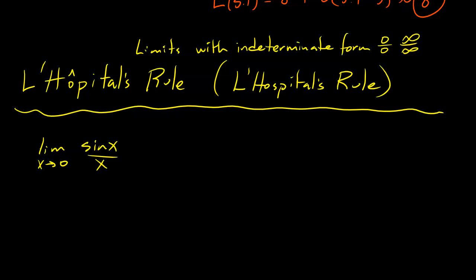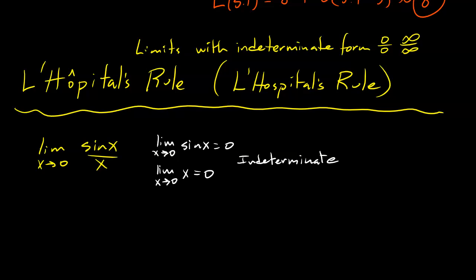What you have to write is that the limit of the numerator is 0, the limit of the denominator is 0, and that creates an indeterminate form. You're going to have one of these on the test, so that's why I'm taking the time to describe this to you.